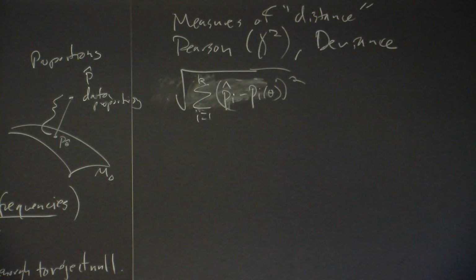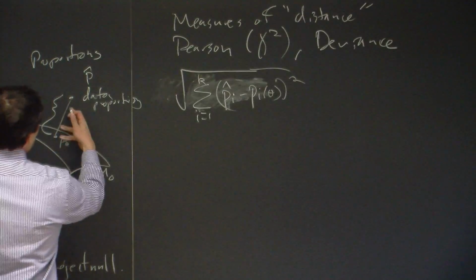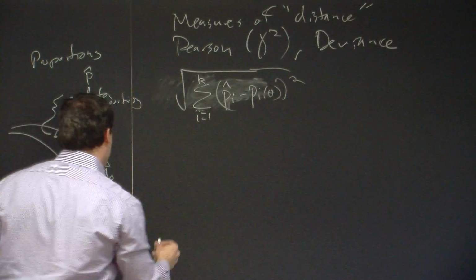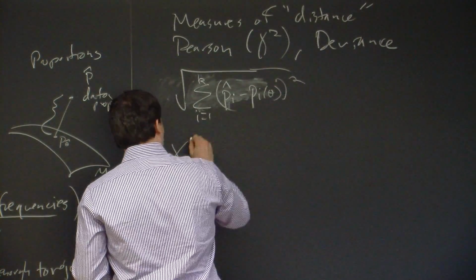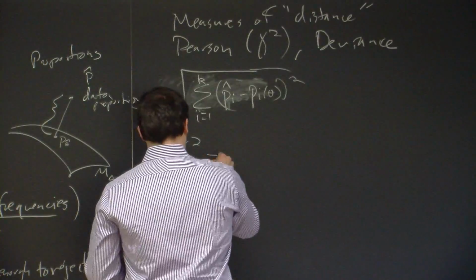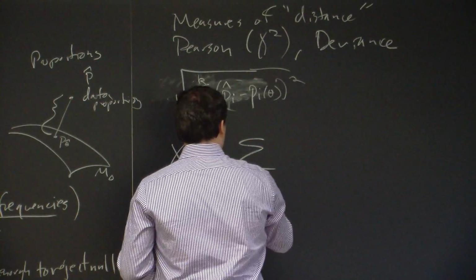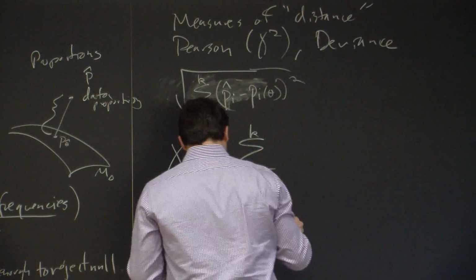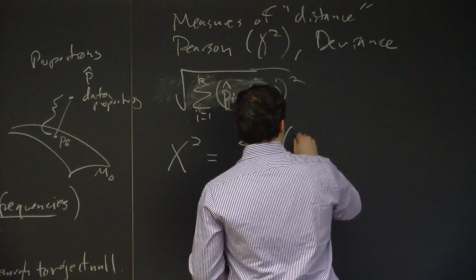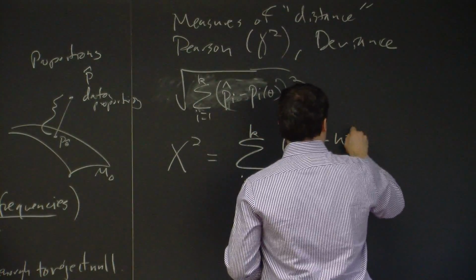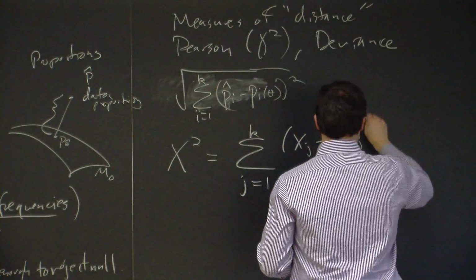So we have to figure out a way to adjust that idea to include the sample size, and the statistic, the chi-squared or Pearson statistic, looks like this. We sum j equals 1 to k, x_j minus n pi_j hat, squared.